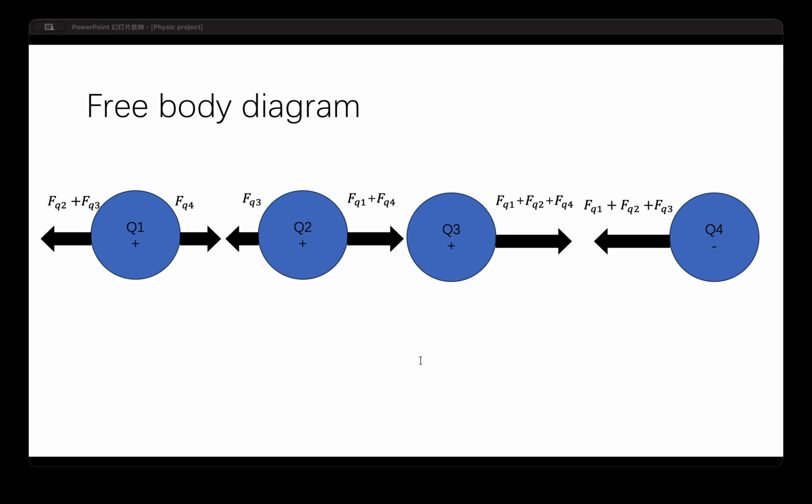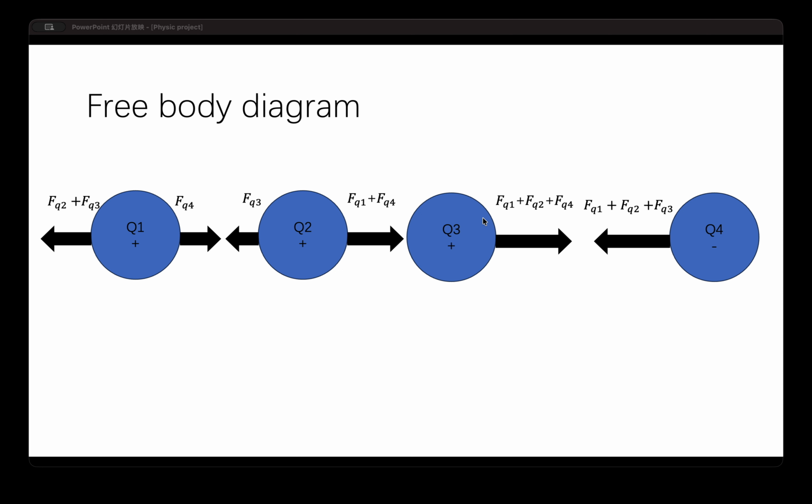And Q3, which is positive, receives repulsive force from Q1 and Q2 pushing it to the right, and also an attractive force from Q4 pulling it to the right. Finally, let's look at Q4, which is negative. All the 3 charges on its left are attracting, so there are attractive forces from Q1, Q2, Q3 pulling it to the left.